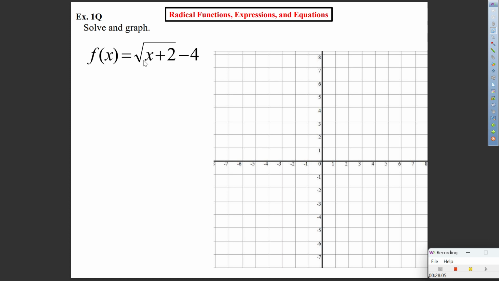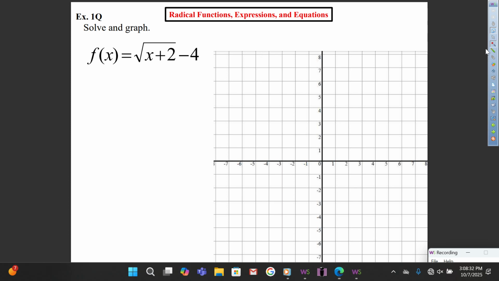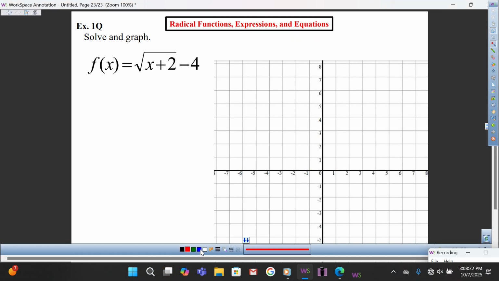Graph g of x equals square root of x plus 2, minus 4. Do that one by yourself. Go.